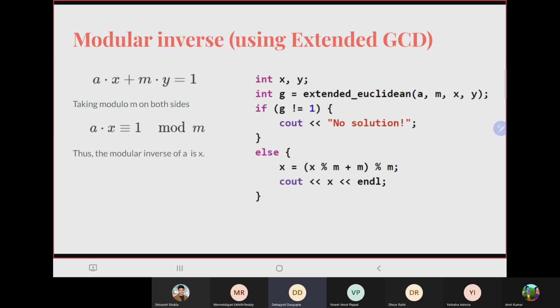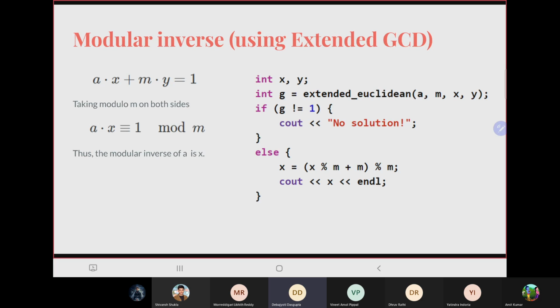So I'm saying that if GCD of A and M is 1, then Ax plus My equals 1 can be written. Then if I take mod M on both sides, what will I get? On the right hand side, 1 mod M will always be 1, except when M is 1.